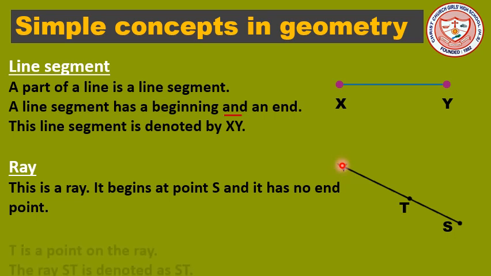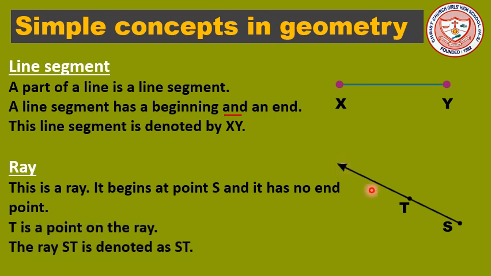Now, T is a point on the ray. So, T is the point on the ray. The ray ST is denoted as ST along with this arrow sign. This is the symbol of ray. Alright.